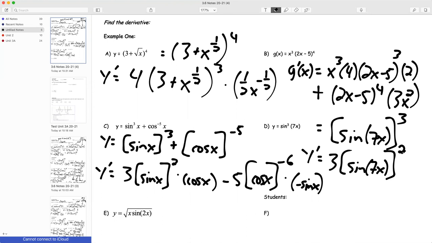And then I'm going to square it, subtracting 1. And then I'm going to multiply by the derivative of what's inside. And so the derivative of sine of 7x is going to be cosine of 7x times 7.